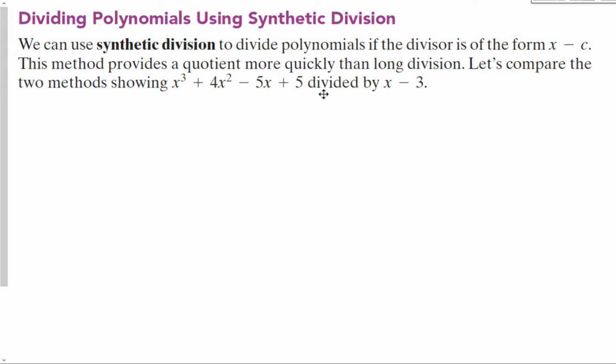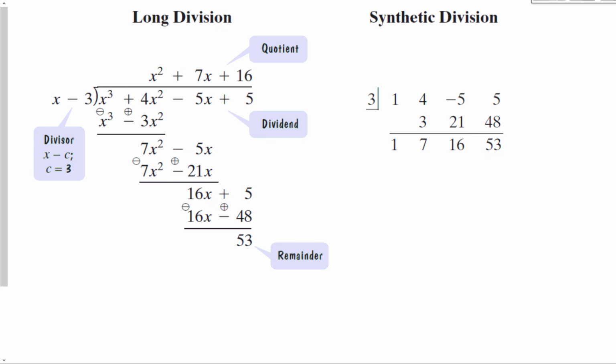Let's compare the two methods showing you how we can divide this cubic polynomial by a binomial with a 1 in the front. So long division, we see that we have my divisor, we have my dividend, we use our little algorithm, right?